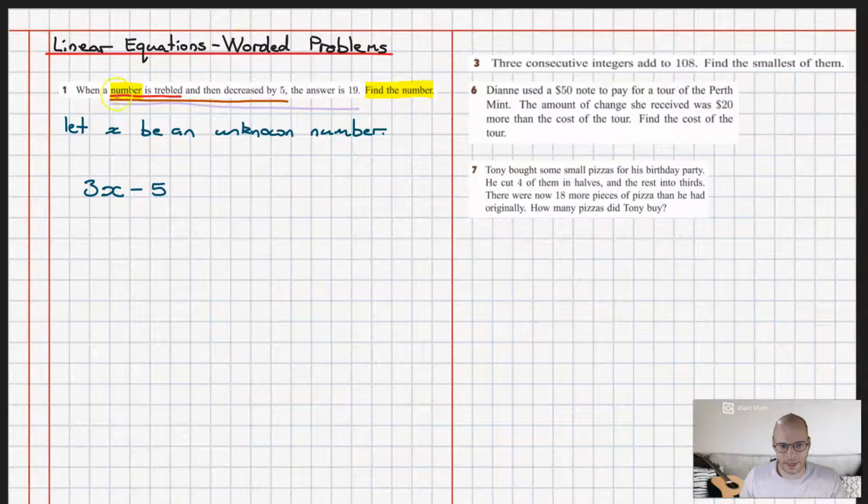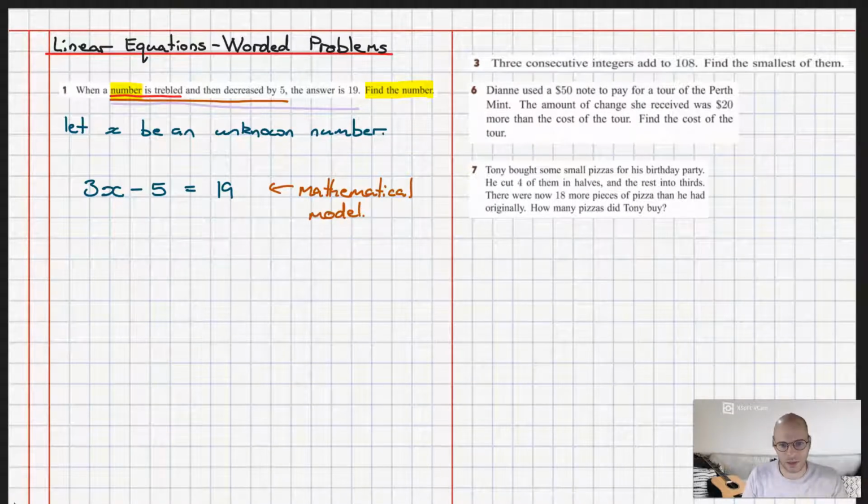So when a number is trebled, 3x, and then decreased by 5, 3x minus 5, the answer is 19. Answer translates into equals 19. So what we've got here is our mathematical model.